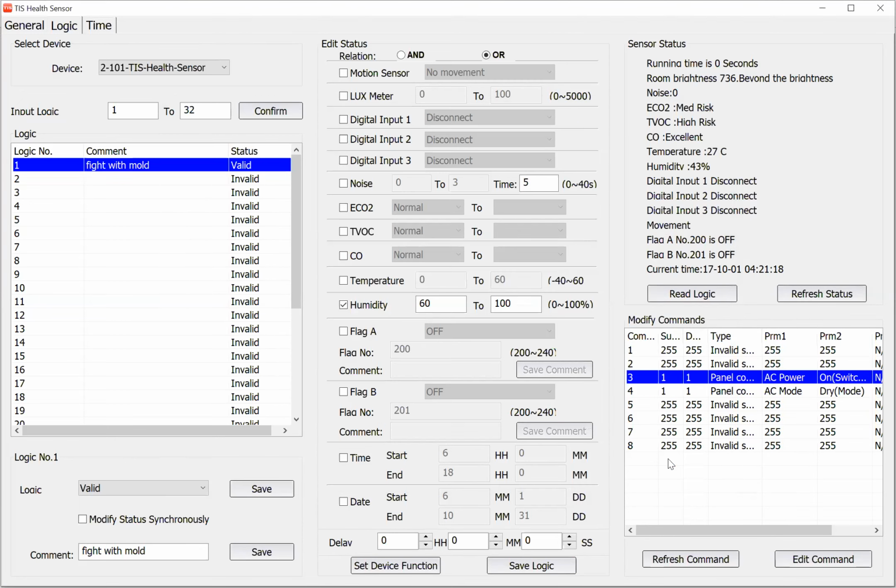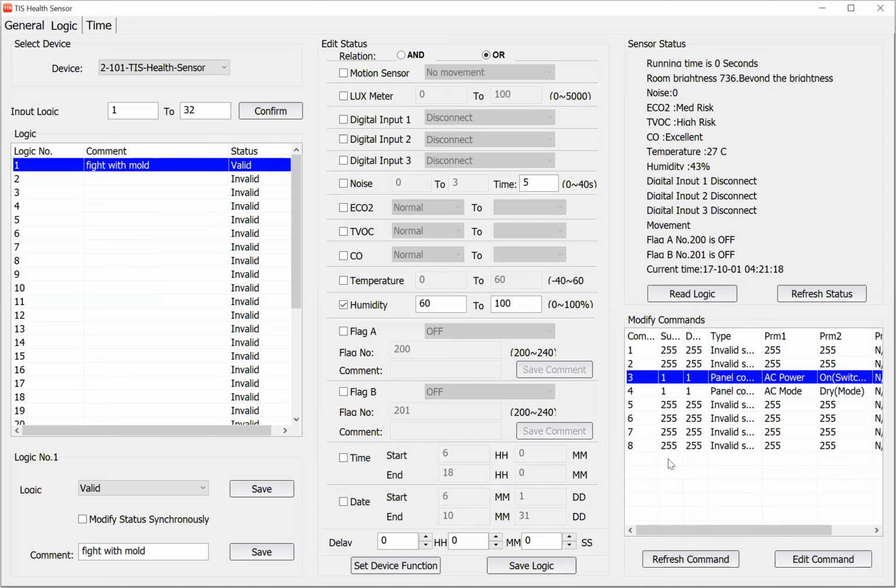Whenever the humidity is between 60% to 100%, then turn on the air conditioner in dry mode. Okay, this is very good logic, and with only one health sensor you fight the mold and avoid creating a moldy environment.